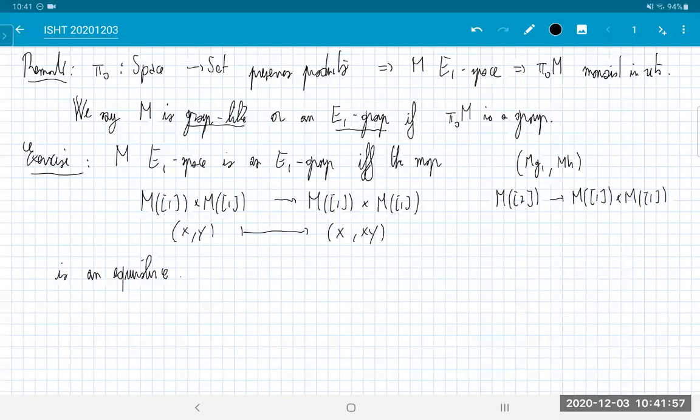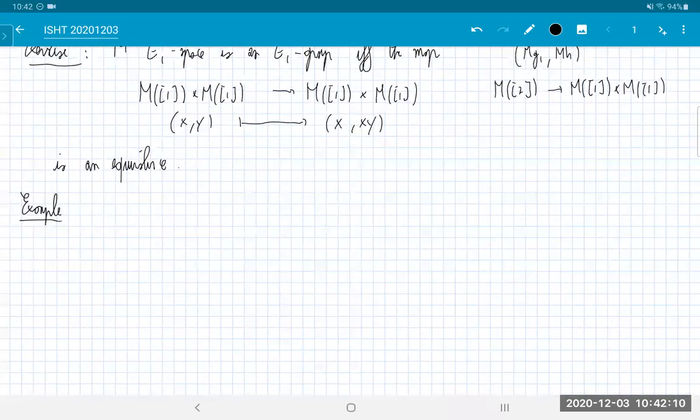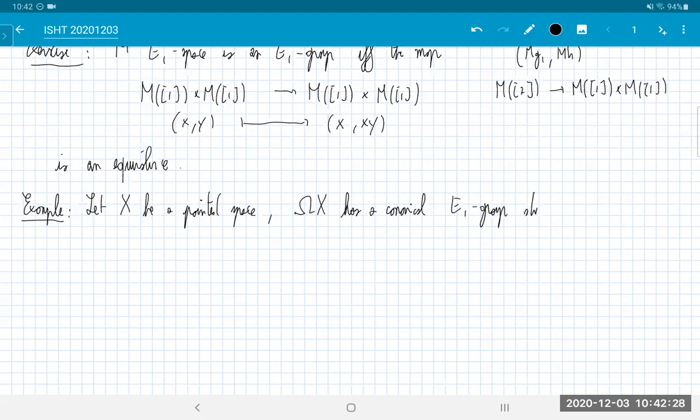Questions? Because it's time to give an important example of E1 groups. So, example. Let X be a pointed space. Then omega X has a canonical E1 group structure given by concatenation of loops.